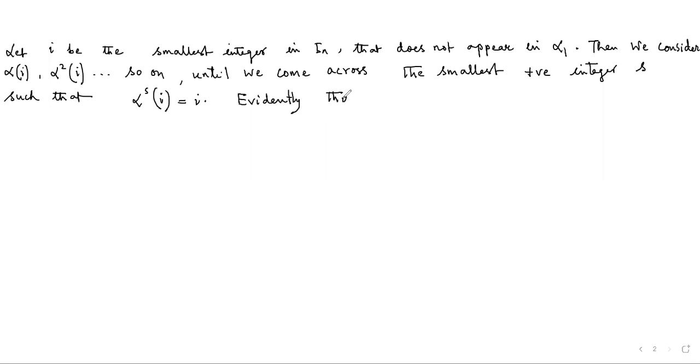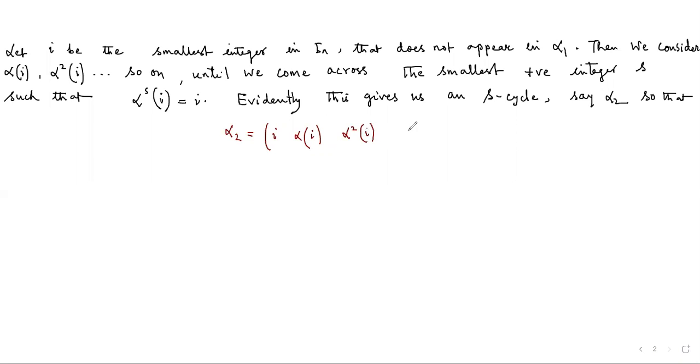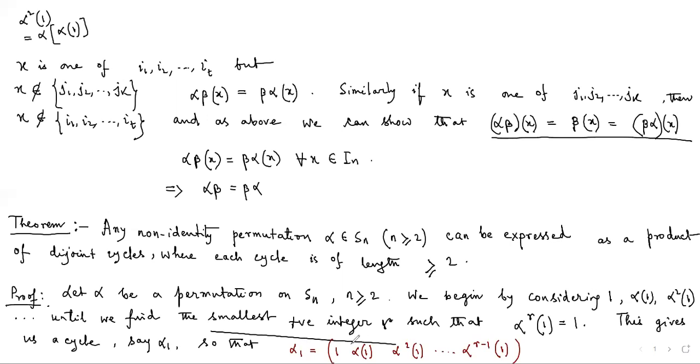this gives us an s cycle, say alpha 2, so that alpha 2 becomes another cycle, where we do not put commas, which is given as I, alpha 2 I, in this manner, alpha s minus 1 I. Remember, the previous cycle which we considered was not having the element I, it was having the element 1.